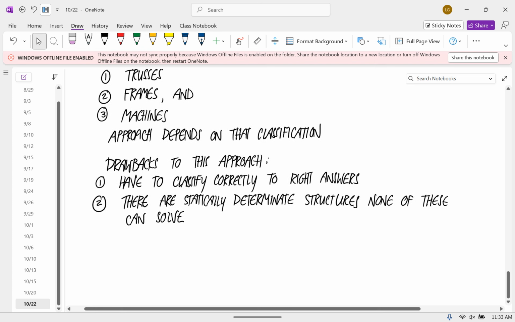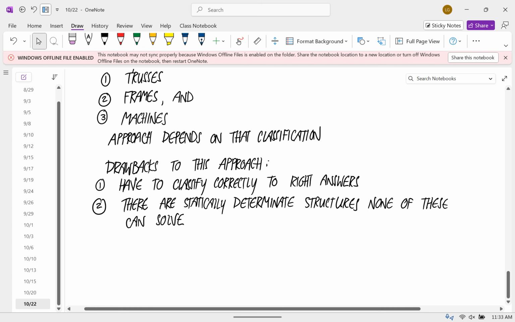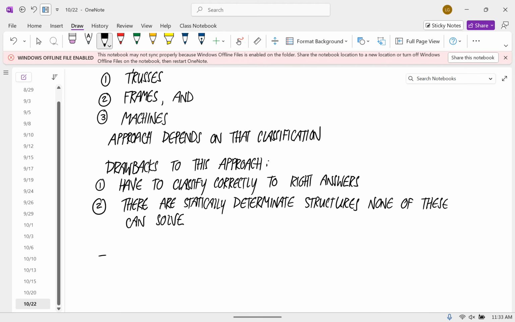And so I'm going to emphasize a different way of doing this. I'm going to just give one single method that works for every structure. So you don't have to worry about classifying them.